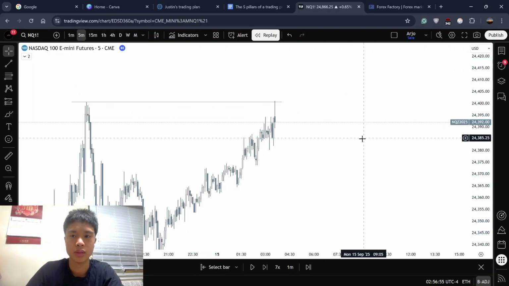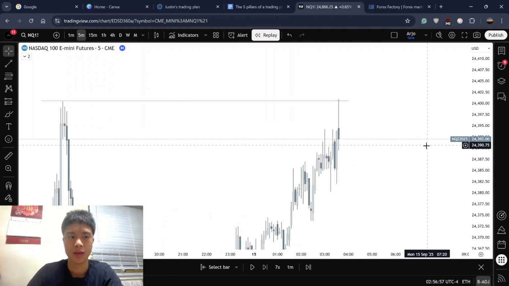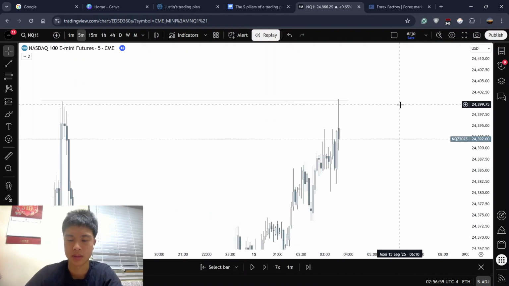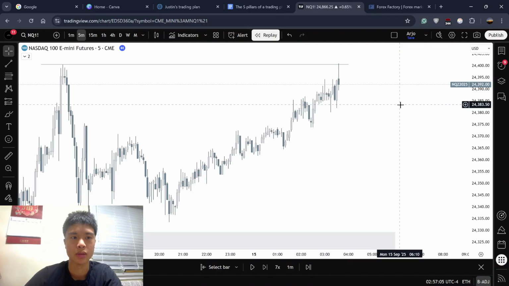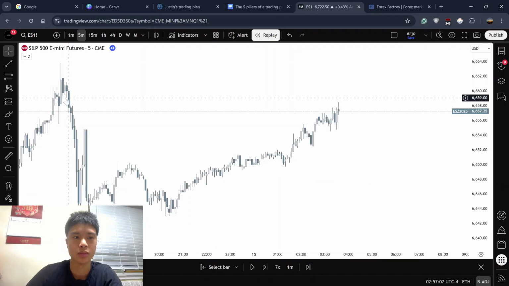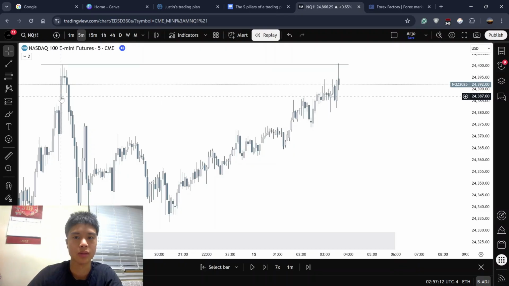So we can see that we swept that high, and we also made an SMT divergence with ES. I'm just going to flip between these two indices so we can check it out real quick. Look at the swing high right here, and then look at this swing high.